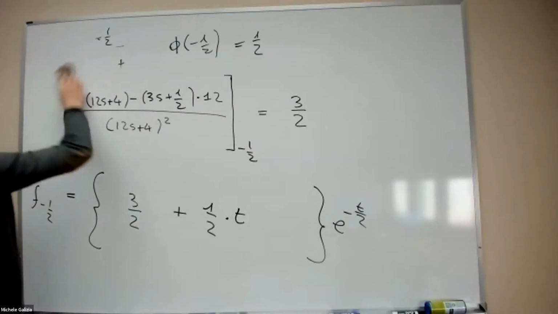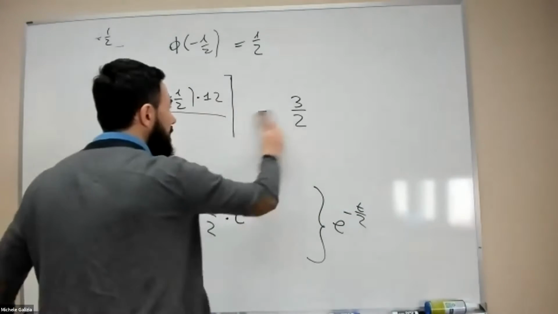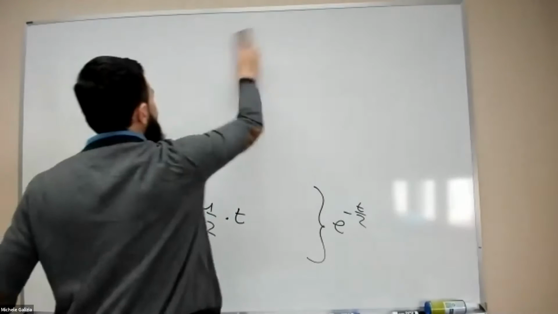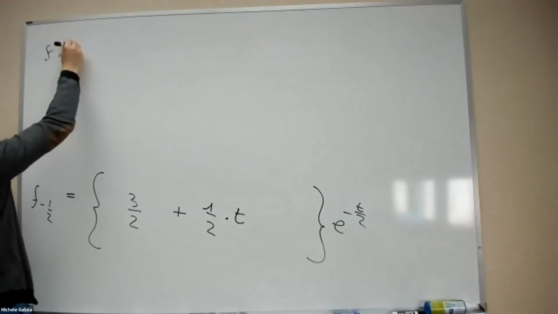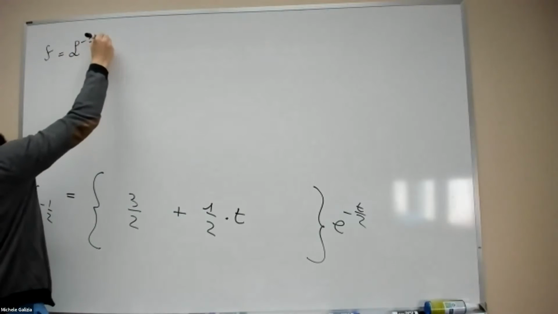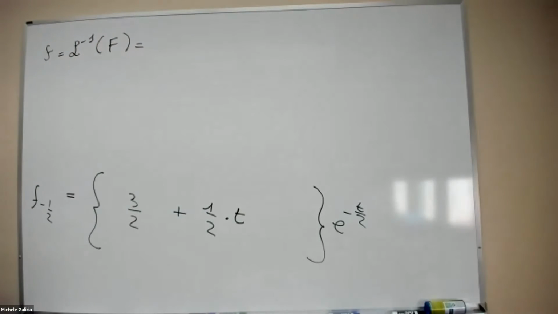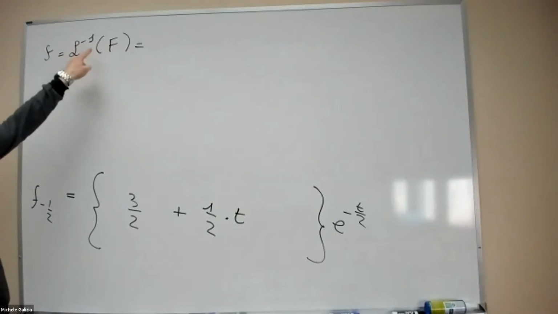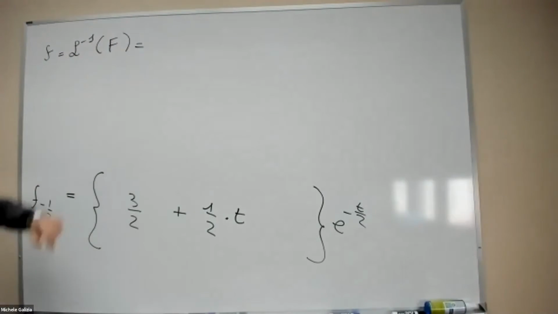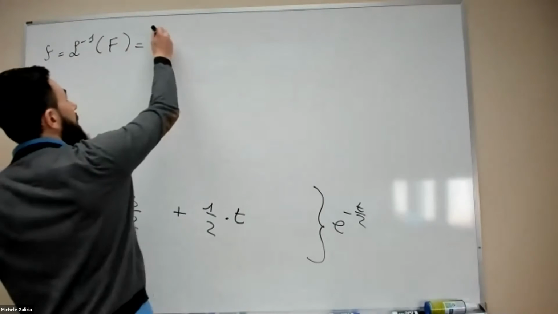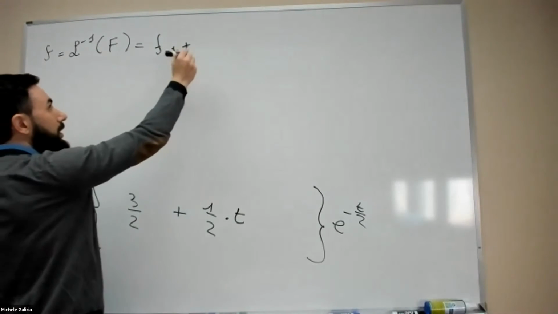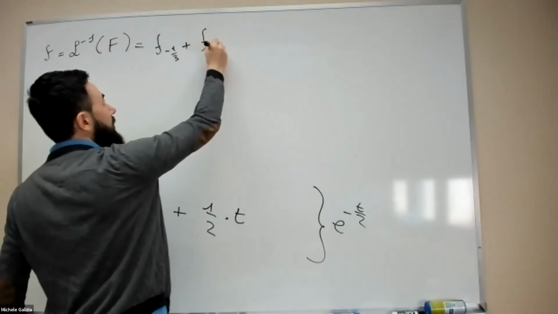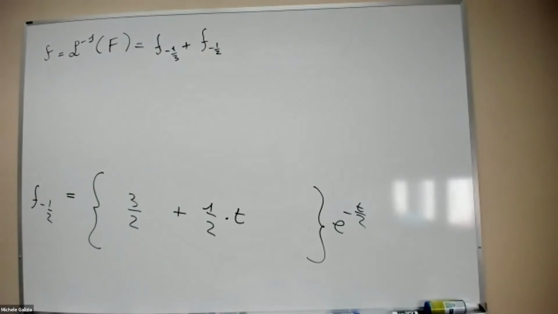So now the overall function f, which is the entire transform that we were looking for, the function f non-capitalized, function of time, which is the inverse transform of the original function F capitalized, is the contribution associated to the pole -1/3 plus the contribution associated to the repeated pole -1/2.